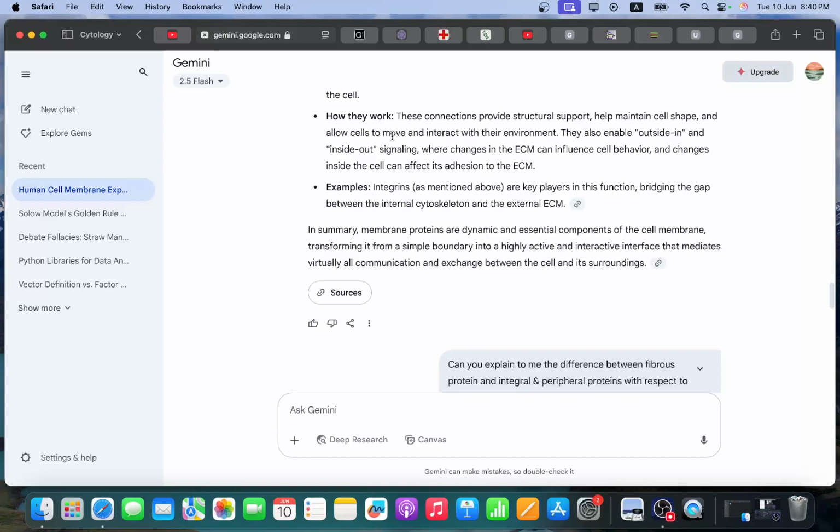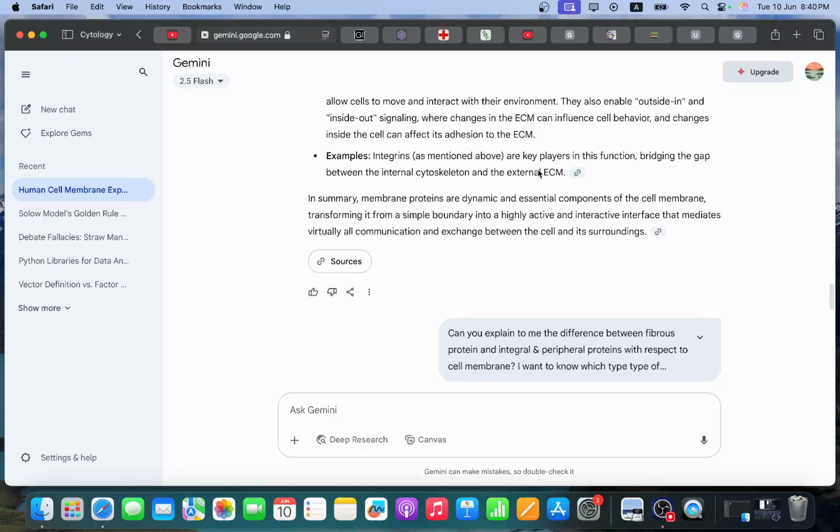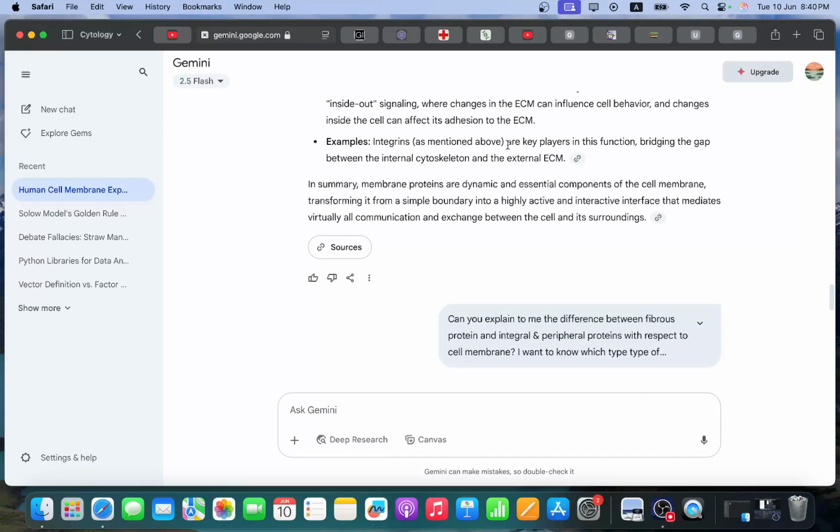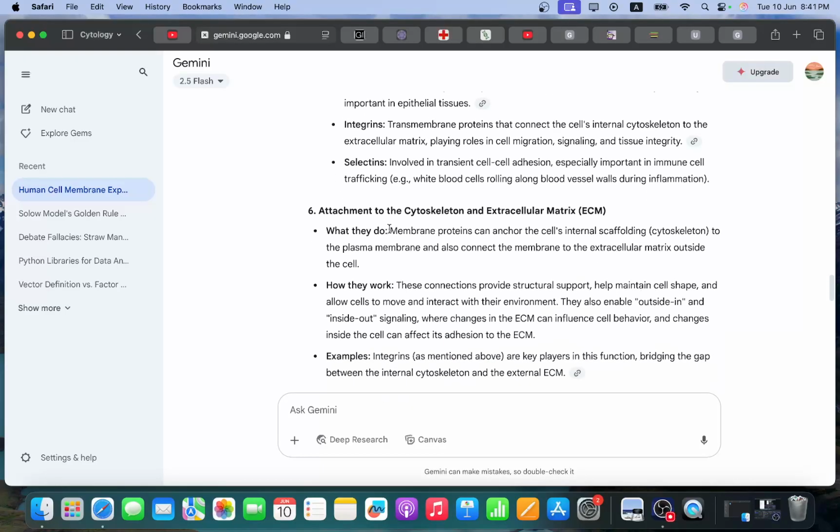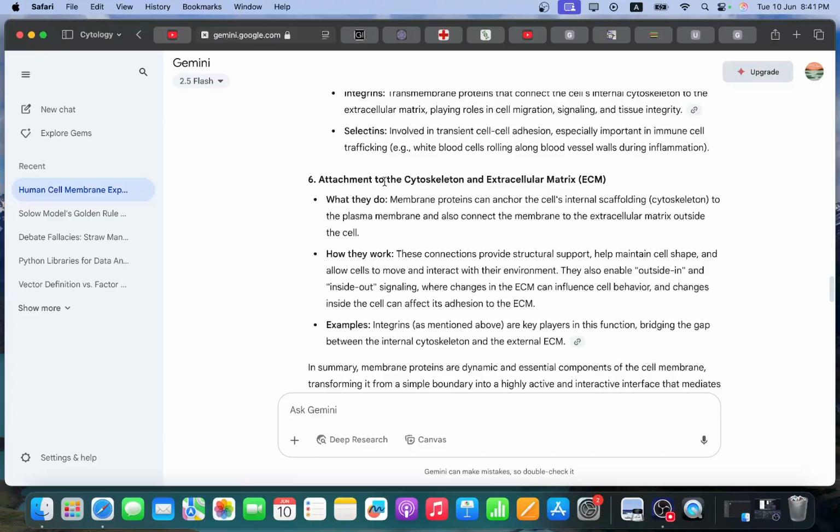They also enable outside-in and inside-out signaling, where changes in the ECM can influence cell behavior, and changes inside the cell can affect its addition to the ECM. Examples: integrins, as mentioned above, are key players in this function, bridging the gap between the internal skeleton and the external ECM, which is the cytoskeleton and extracellular matrix.